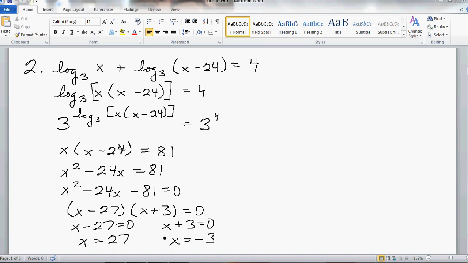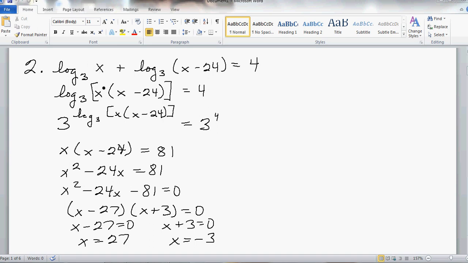We do want to make sure, does that make sense in the original problem? If we try to plug in negative 3, what is log base 3 of negative 3? This one we have to eliminate, because it's out of our domain. Remember that the domain of logarithms requires that the argument be greater than 0.